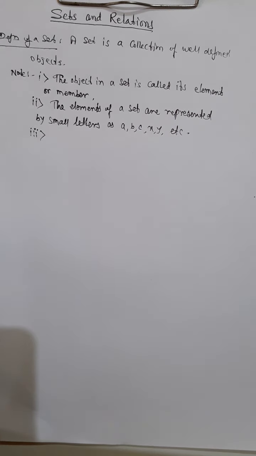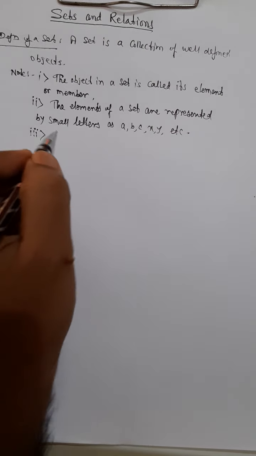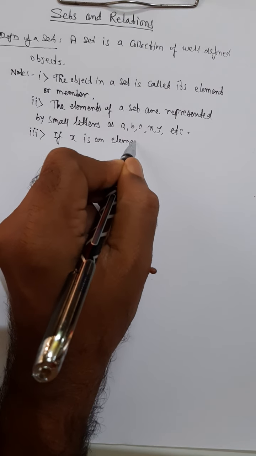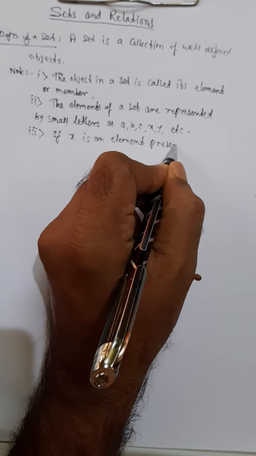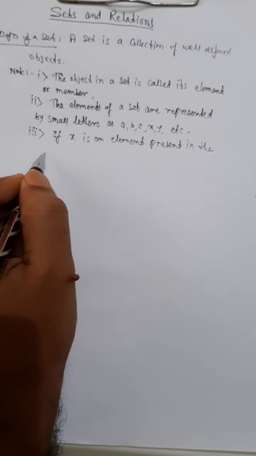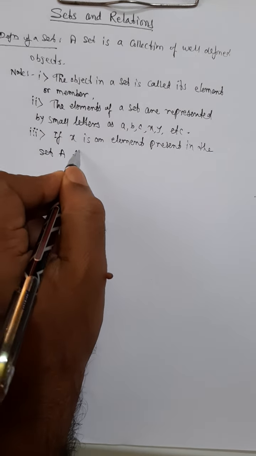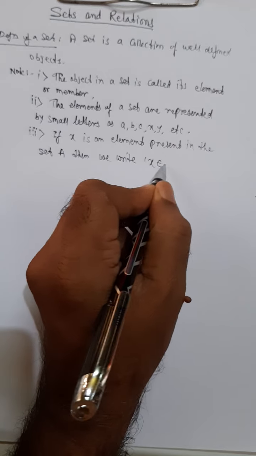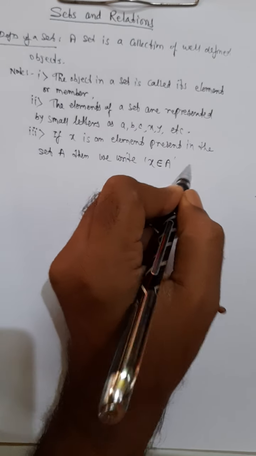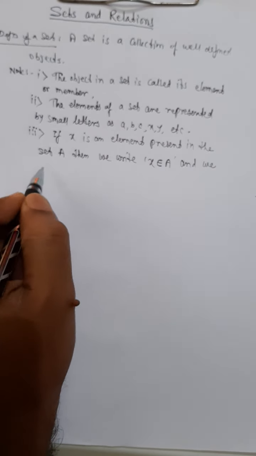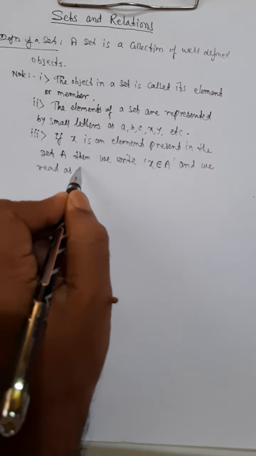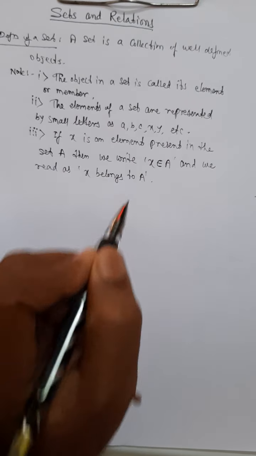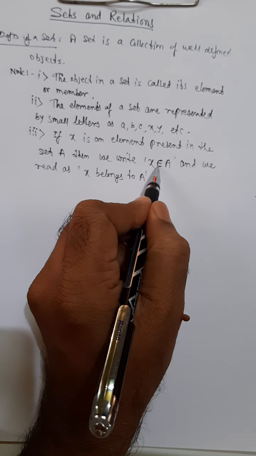Third point, if x is an element present in the set A, then we write it like this, and we read it as x belongs to A. Note that this type of symbol we use for belongs to.